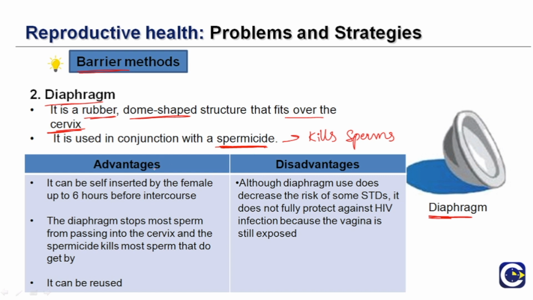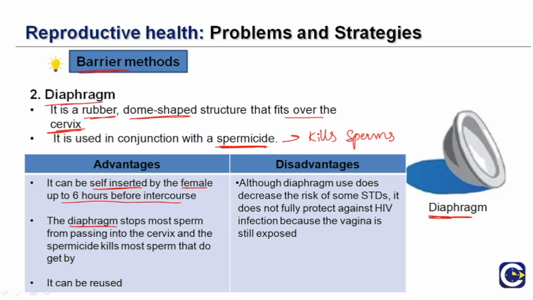Again, we will look at some advantages and disadvantages of using the diaphragm. The advantage is that it can be self-inserted by the female up to 6 hours before intercourse. So you can already insert it by yourself 6 hours before having intercourse.